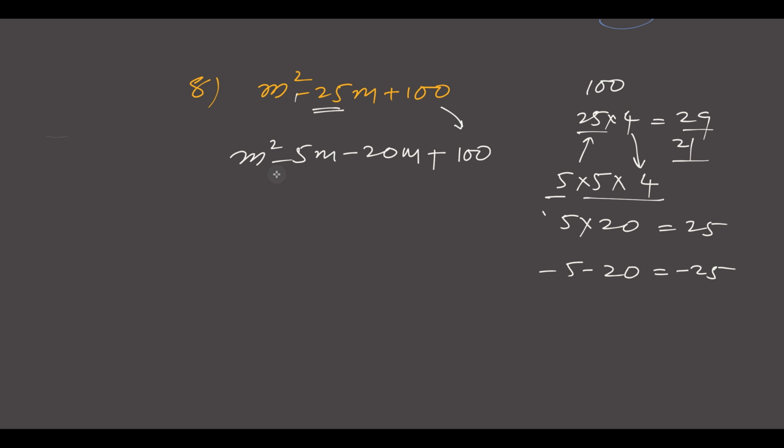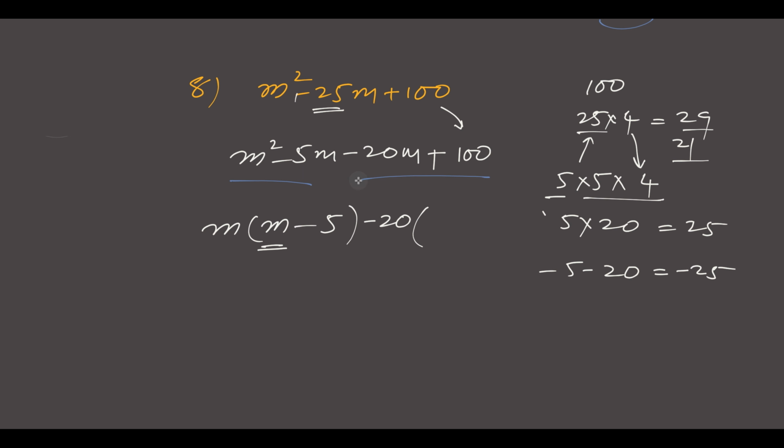Now what is common in these two? It is just m. So this single m is cancelled, then it is going to be just m minus 5. Now since this is minus 20m, what we are going to do is take minus 20 common. Why am I taking the minus common? Because we required a plus sign here. That's the reason I have taken the minus sign outside.